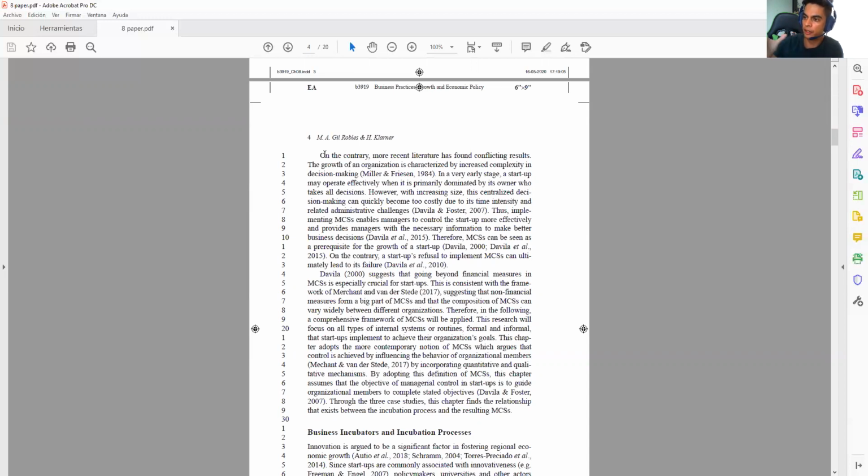But the effect on the outcome of that control is not clear, if it's going to be positive or negative. That's what she writes in here. More recent literature found conflicting results.